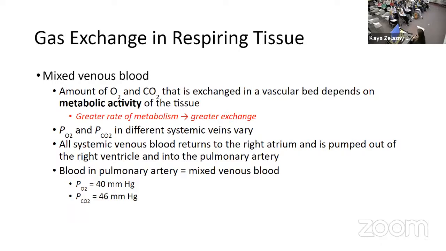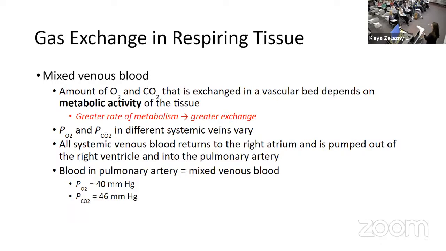Okay. So this means that while we're using these numbers as our ballpark typical values, our partial pressure of oxygen and carbon dioxide in any given vein out in our body might vary, right? If your legs are using a different amount of oxygen, producing a different amount of carbon dioxide because you're out on a run or something, then your femoral vein might have a different partial pressure than your portal vein to your liver or something like that.